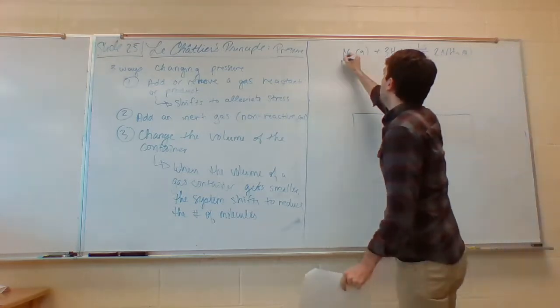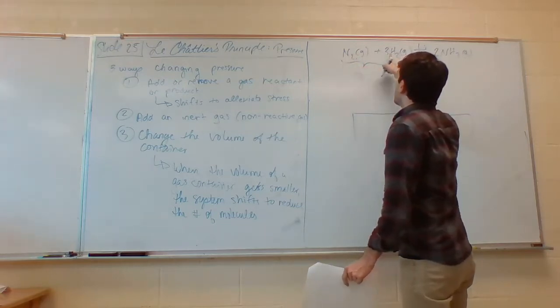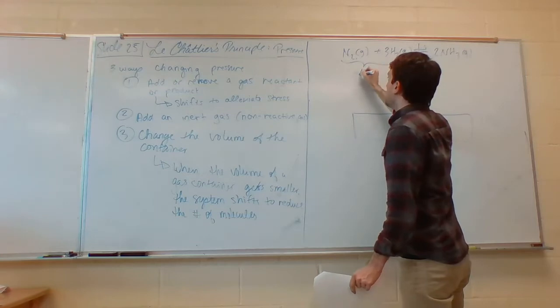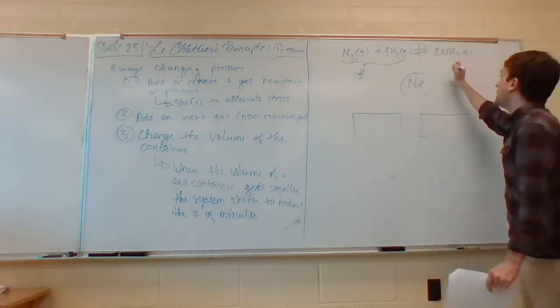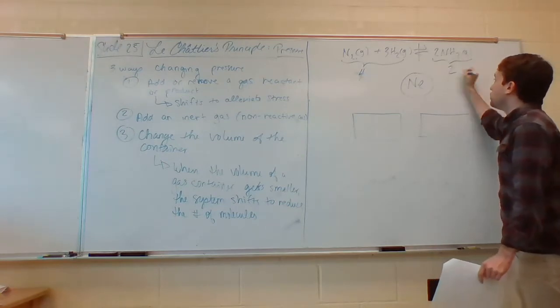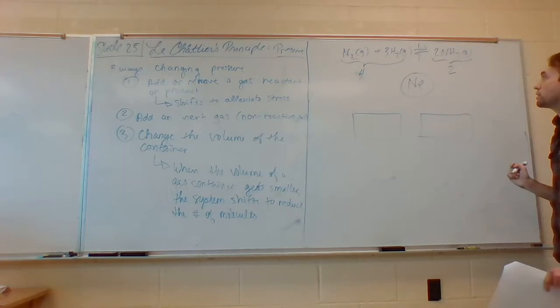So what you're going to do is count the number of molecules on the left. I've got 1, 1, 2, 3, so that is 4. 3 plus 1 is 4. Over here, I have 2 molecules, because I've got 2 of my NH3 molecules.